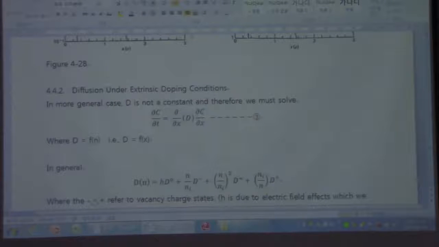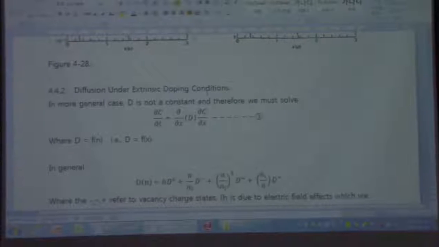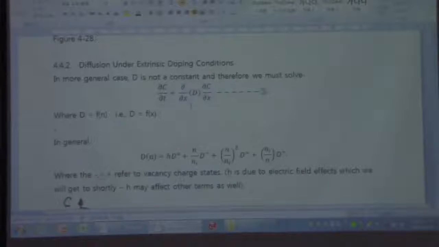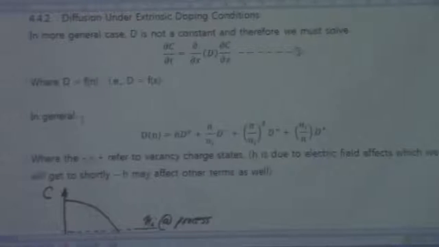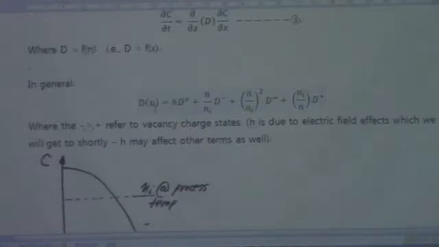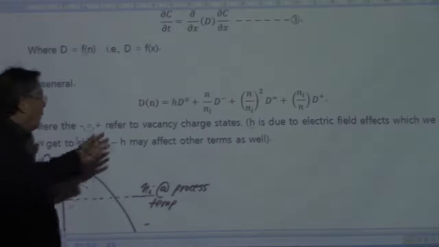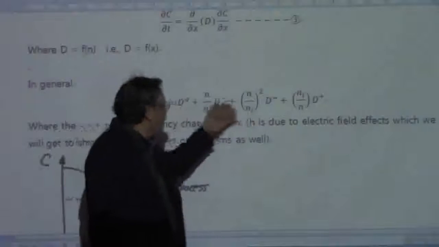Now, diffusion under extrinsic doping conditions. In the general case, we have seen that the diffusion coefficient is going to consist of these four terms.